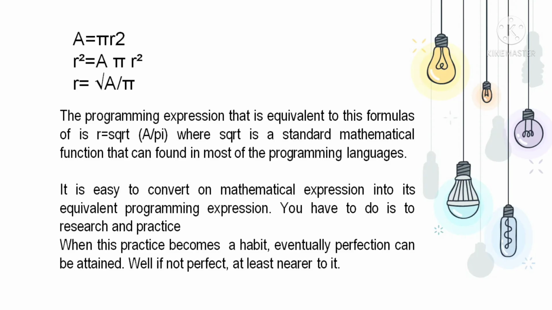So the programming expression that is equivalent to the formula of r squared or r pi, where squared is a standard mathematical function that can be found in most programming languages. So it's easy to convert a mathematical expression into its equivalent programming expression. All you have to do is research and practice. When practice becomes a habit, eventually perfection can be attained. Well, if not perfect, at least nearer to it.